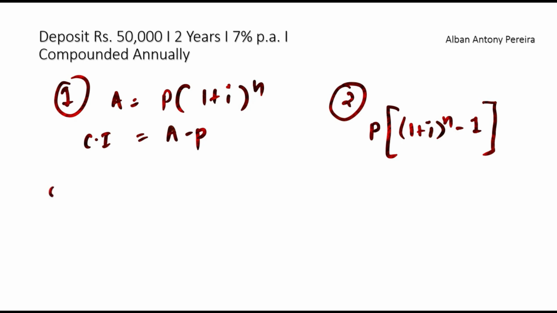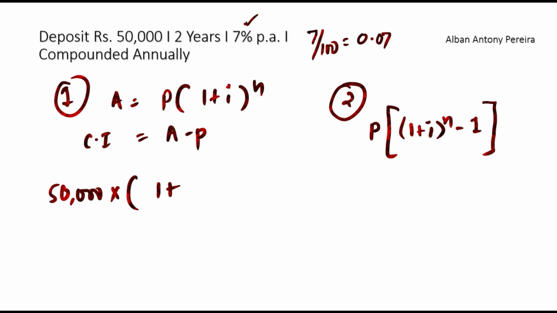Principal is 50,000, into (1 + i). Here, as it is compounded annually, it will be i divided by 1 and n into 1. It will be one and the same. So i given here is 7%. 7% is 7 divided by 100 in the calculator, and the answer is 0.07.